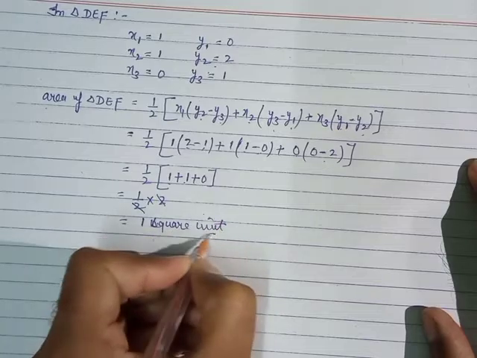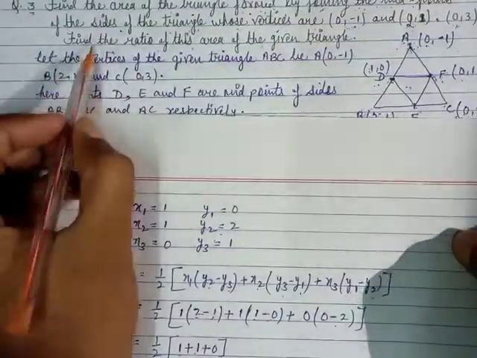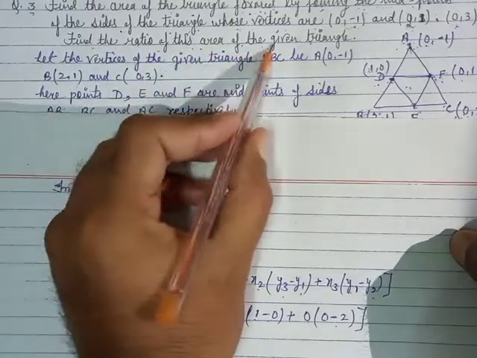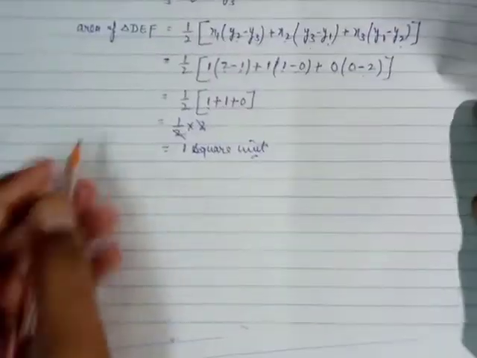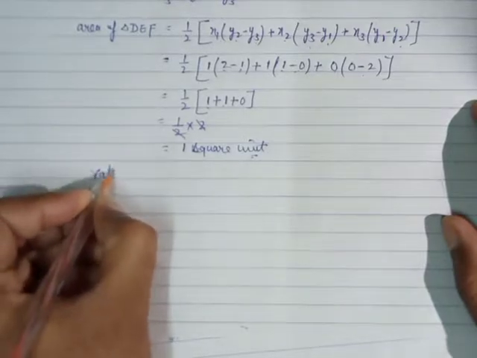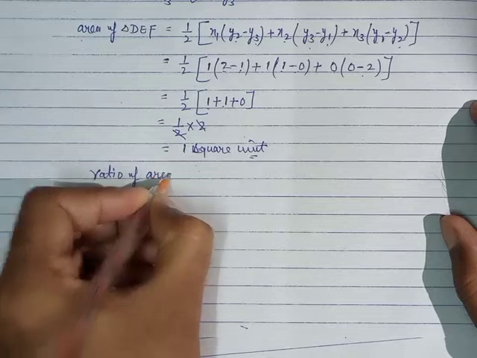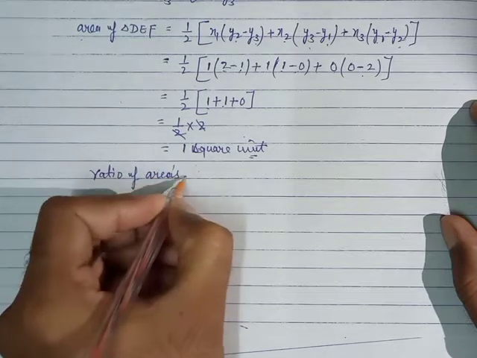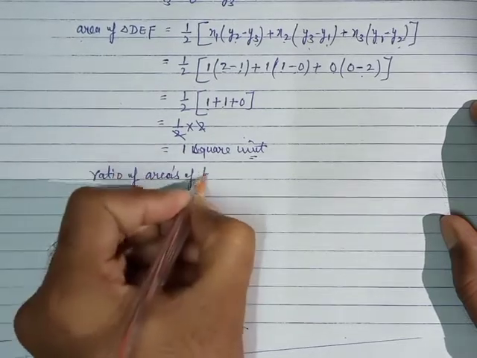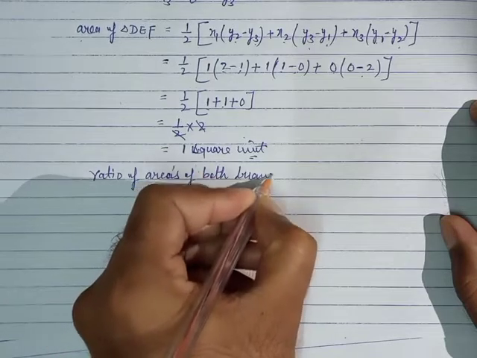Now according to the question, we will find the ratio of the areas of both triangles.